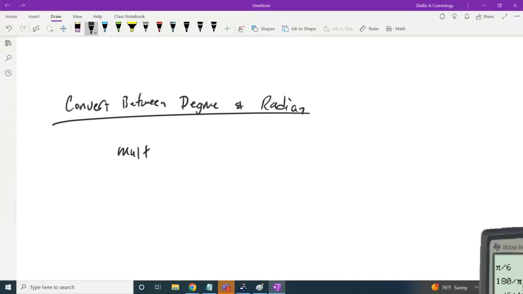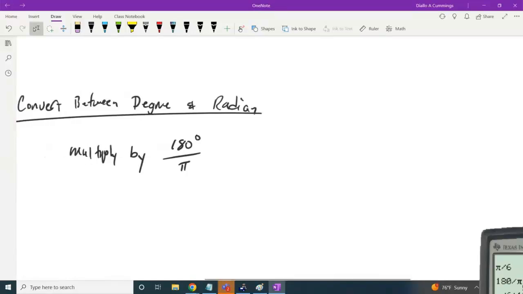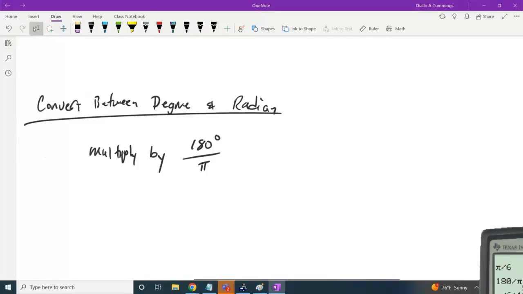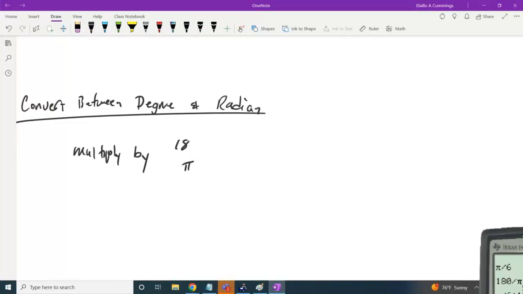You simply multiply by 180 degrees divided by pi, if you're given a radian measure.